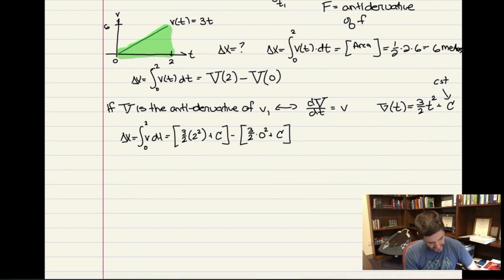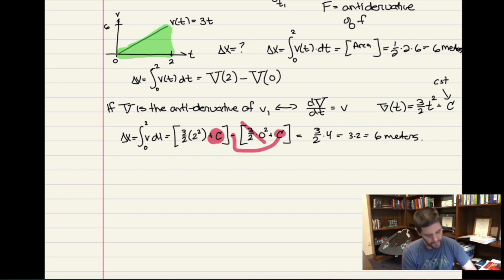Notice you have a plus c here and you have a minus c here. So the c's do indeed cancel out. This is just 0. So then it looks like at the end of the day I get 3/2 times 4, or 3 times 2, which is indeed 6. So you end up getting the same answer.